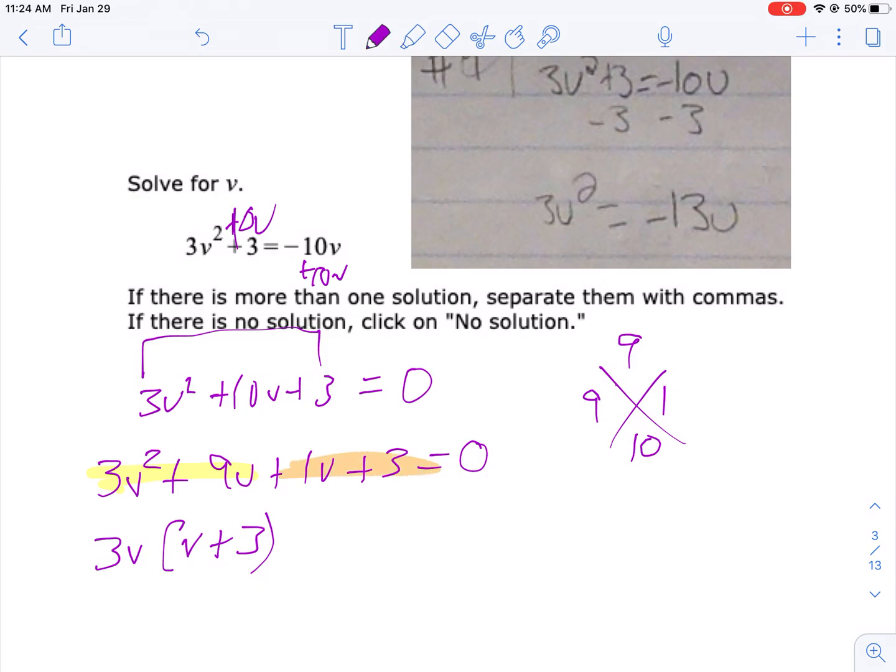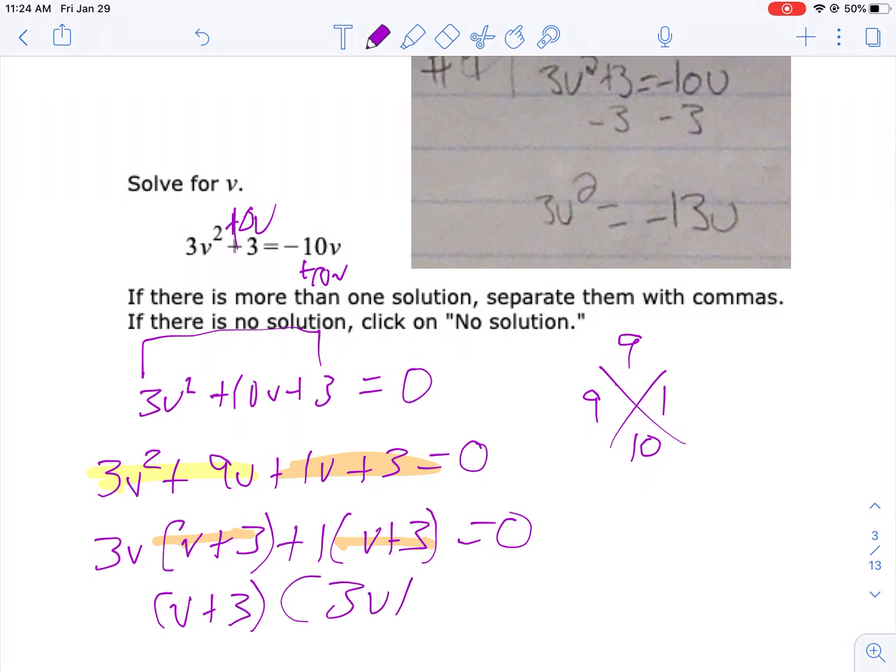But remember, 1 goes into everything. So I'll say plus 1 times v plus 3. Notice my parentheses are the same, aren't they? So I can factor those parentheses out. So I get v plus 3. The second parenthesis is what's left over, which would be 3v plus 1 equals 0.